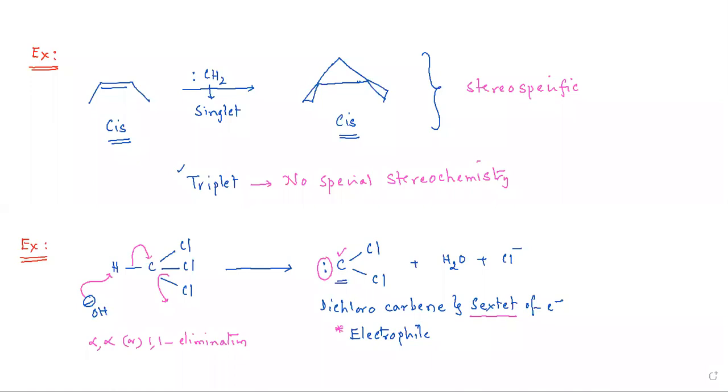Now let us add this dichlorocarbene to an alkene. So this is cyclohexene. Now when dichlorocarbene is added to this, okay, what happens?